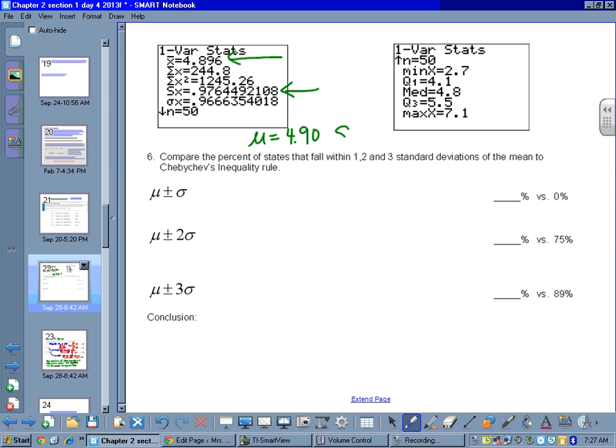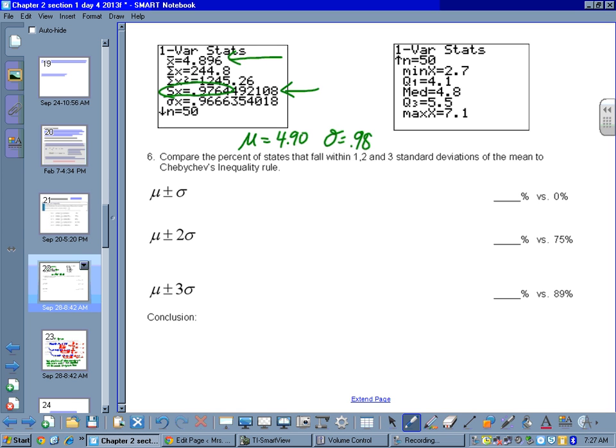And our standard deviation, and I should use mu for this since it's the whole population, so mu is 4.90, and my standard deviation is 0.98 that we're going to be using in the S of X.